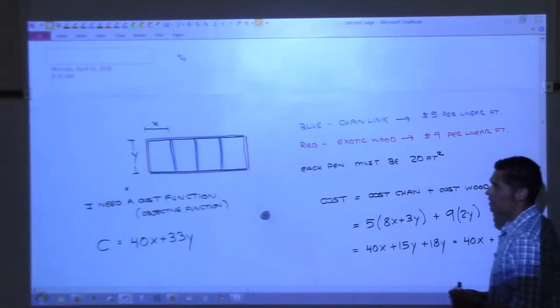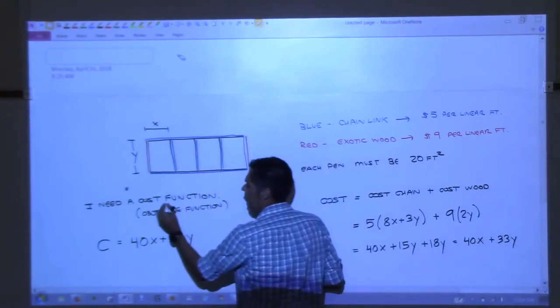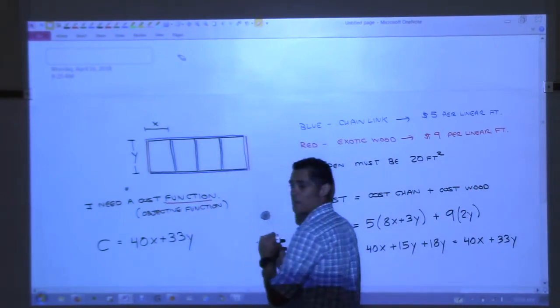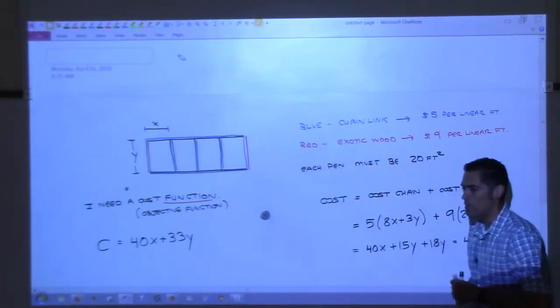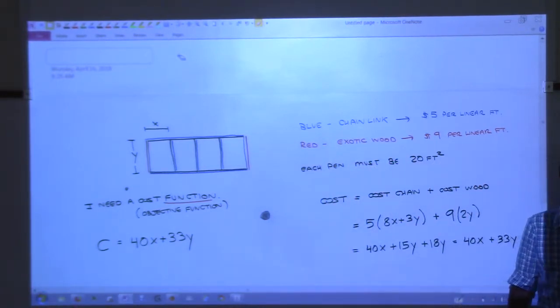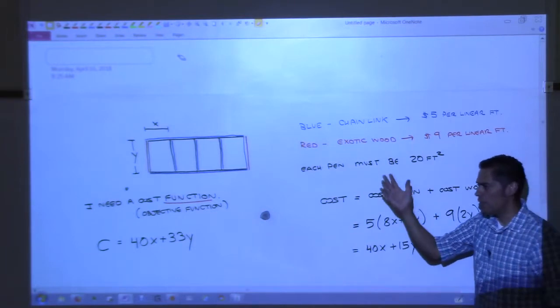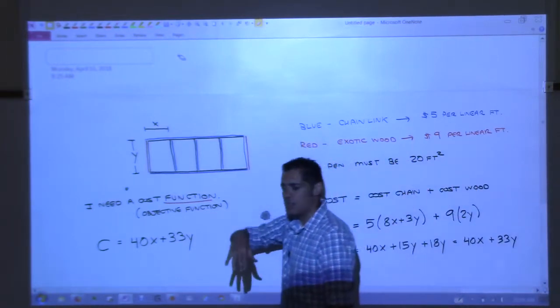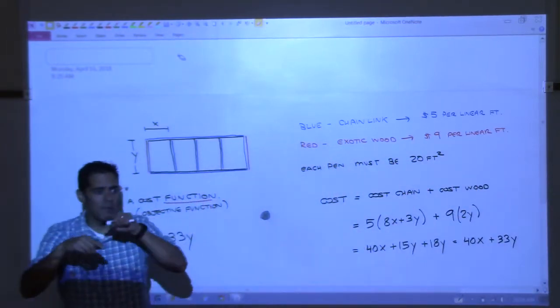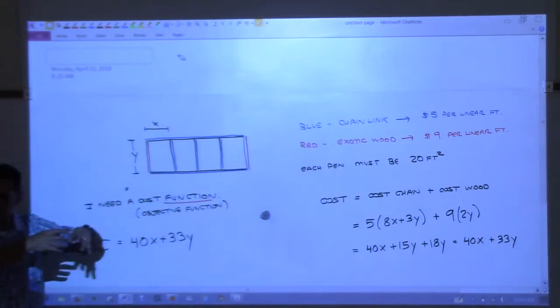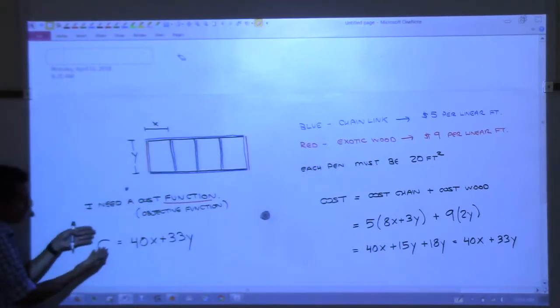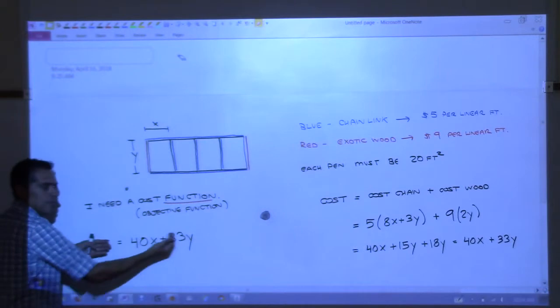Now, in my wording here, in the beginning I said, I need a function, right? When we say function, we mean a function of a single variable. Like everything we've done, everything we've graphed, we found max and mins of, have always been like f of x equals something, and it's just x's in there, right? Right now, our function has 2 variables in it.